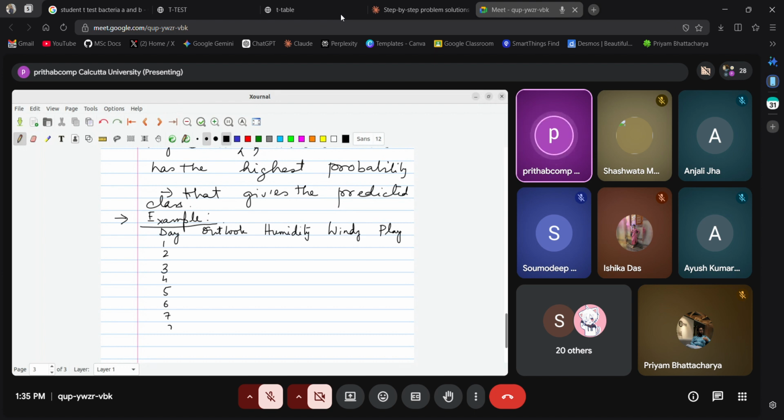The outlooks are defined like sunny, sunny, overcast, then raining, again raining, again overcast, sunny, and raining.